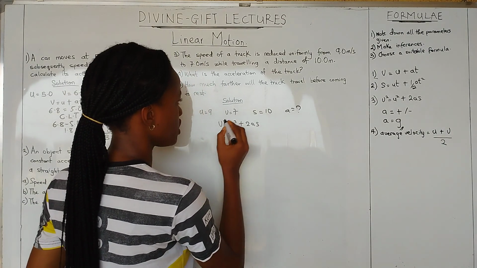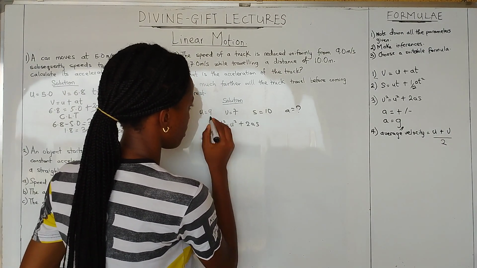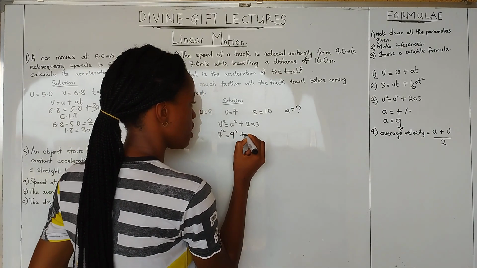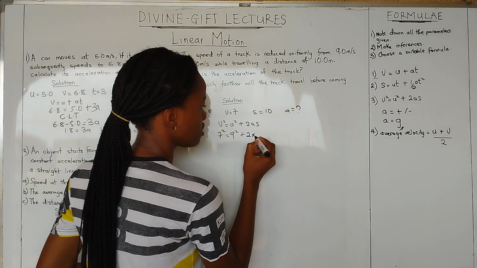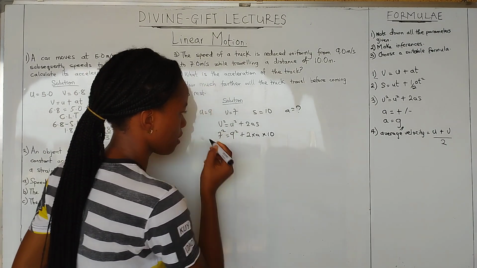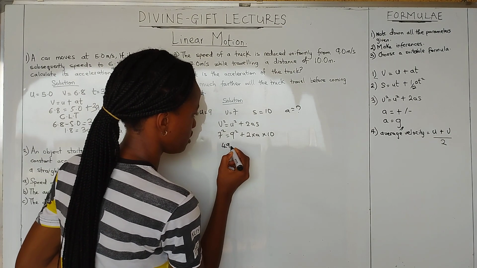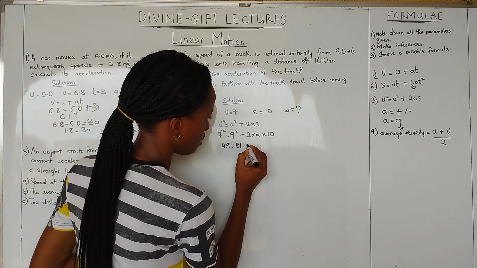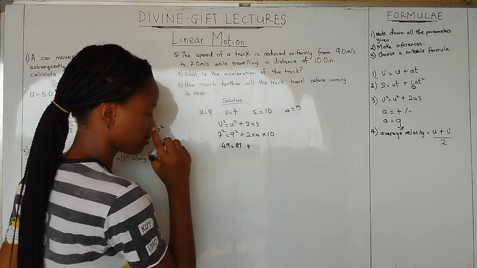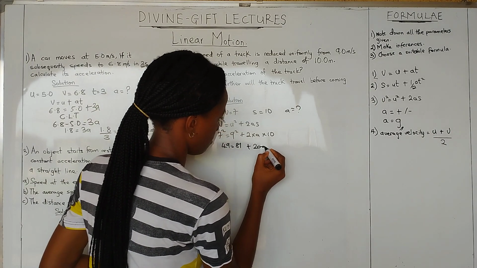Now, v squared is what? 7 squared, u squared, 9 squared, plus 2 times a times 10. 7 squared, 49, 9 squared, 81, plus 20a.